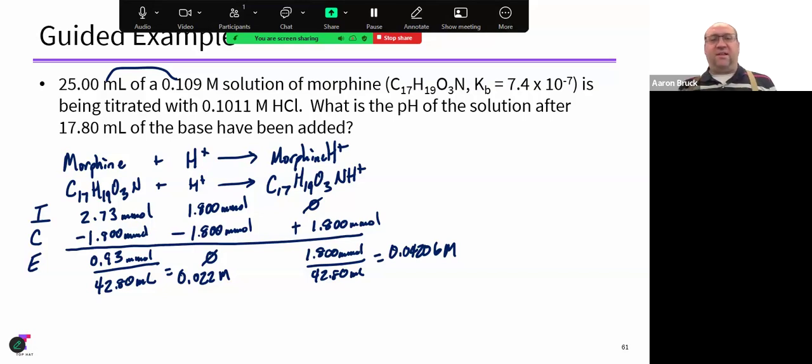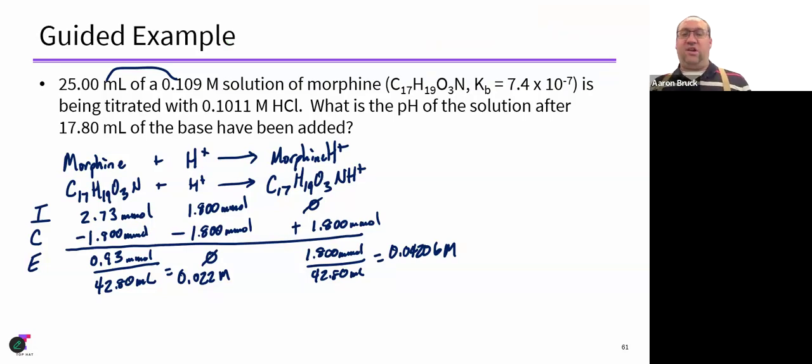So we should recognize at this point we have a buffer solution. We have significant amounts of conjugate acid and conjugate base present. And so we're going to use the Henderson-Hasselbalch equation here.